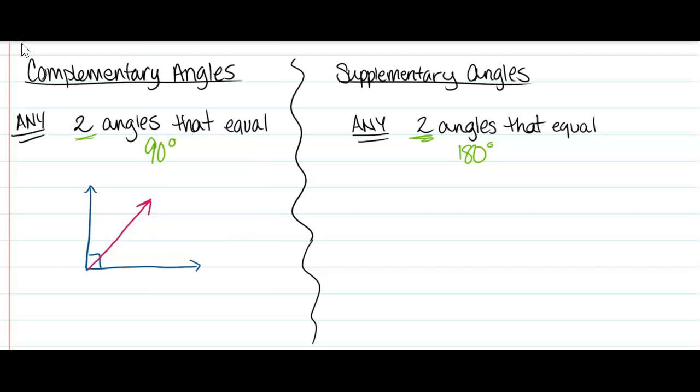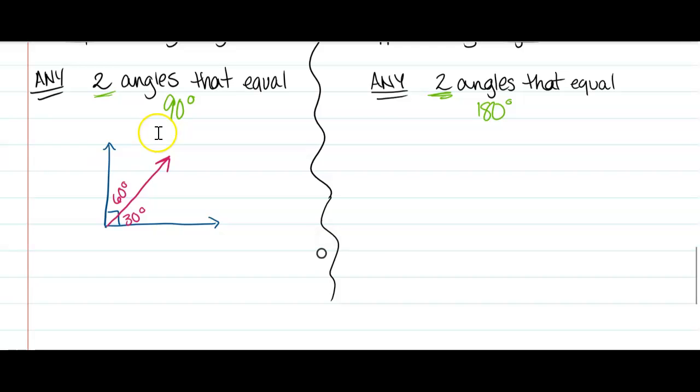So I'm going to say this is 30 degrees, and this one has to be 60 in order to make that 90-degree angle. So we can say that these two angles are complementary. So these, because they're sharing the side, then these are called adjacent complementary angles.